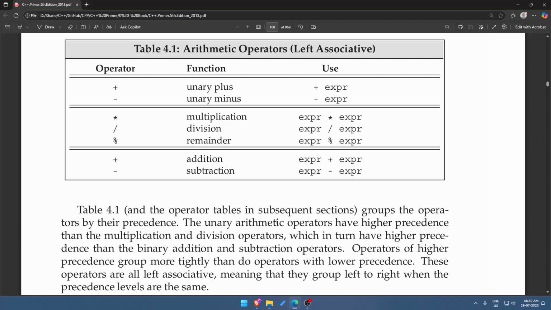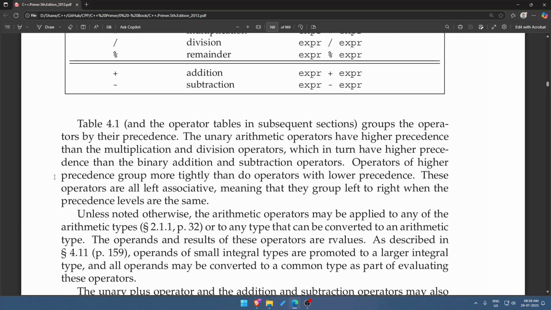The unary arithmetic operators have higher precedence than the multiplication and division operators, which in turn have higher precedence than the binary addition and subtraction operators. Operators of higher precedence group more tightly than operators with lower precedence. These operators are all left associative, meaning that they group left to right when precedences are the same.